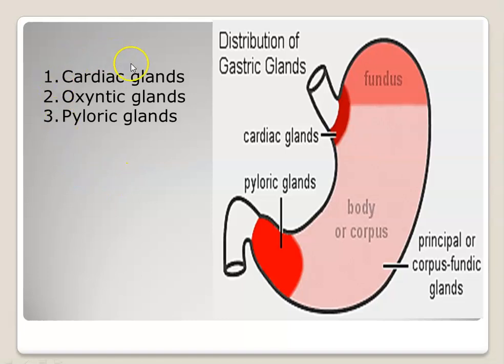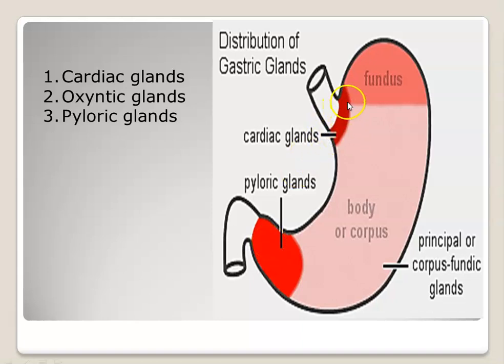The stomach contains mainly three glands. The first one is the cardiac gland, which is present near the cardiac region, and the next one is the oxyntic gland, which is present mostly in the body of the stomach, and next the pyloric gland, present in the pyloric region.